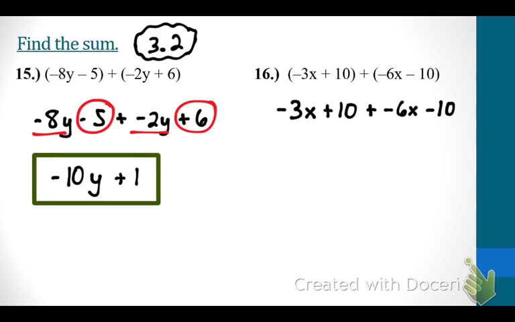Which ones are like terms? Okay, very good. A positive 10 and a negative 10 are opposites, so they cancel out. Very good.